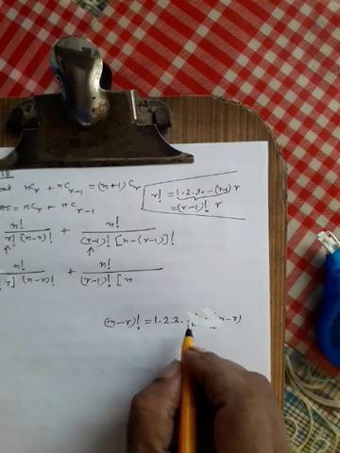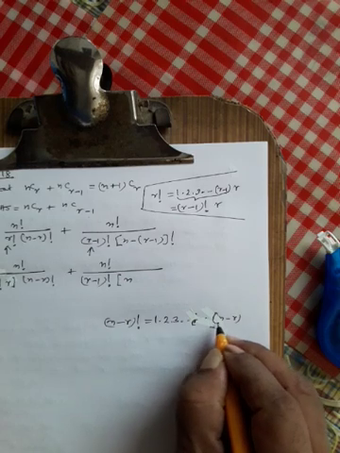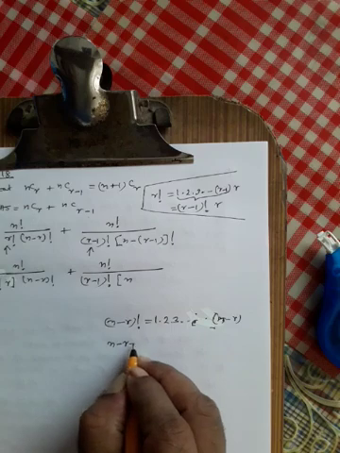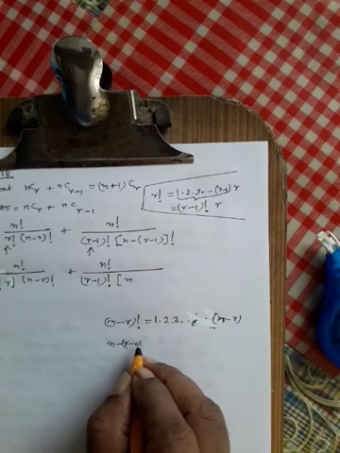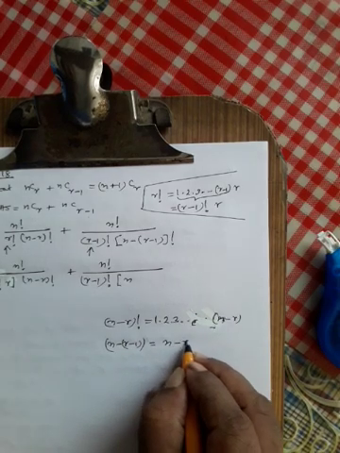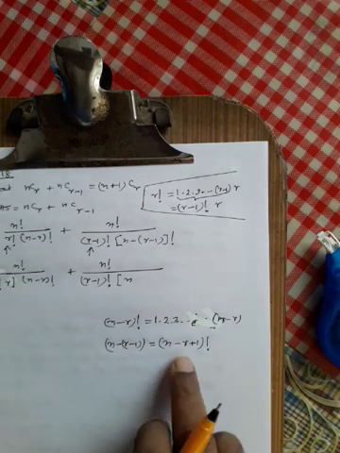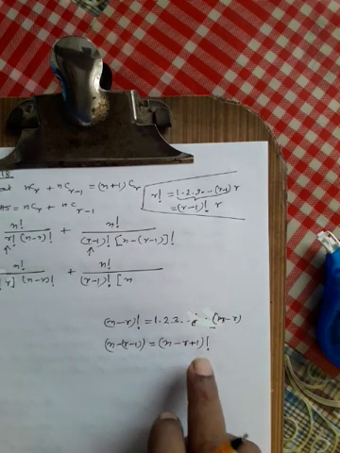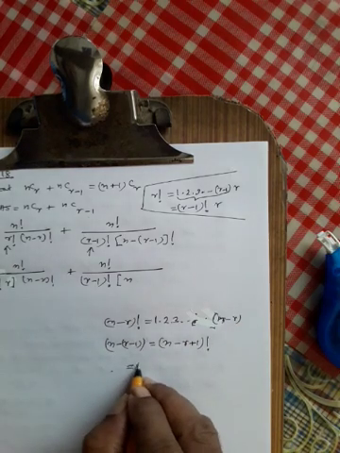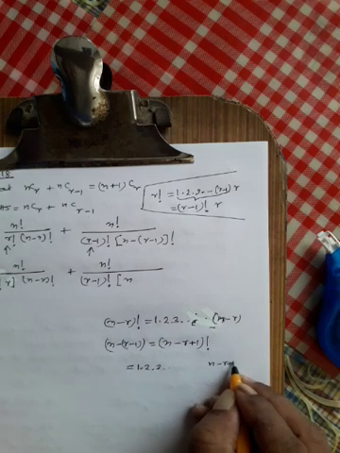So the factorial is 1 into 2 into 3 up to n minus r. Here it is (n minus r plus 1) factorial, which is greater than this n minus r. If you expand this, it is 1 into 2 into 3 up to n minus r plus 1.